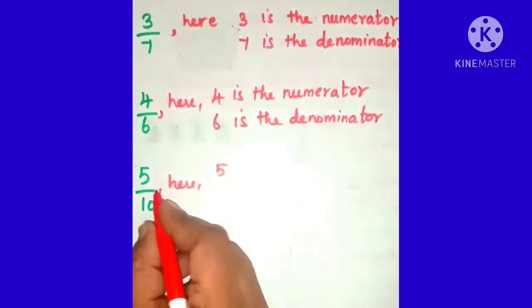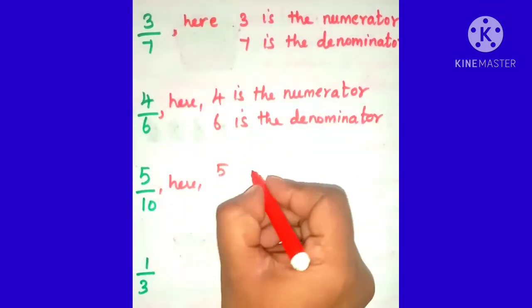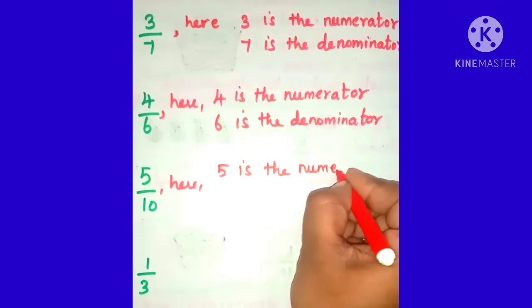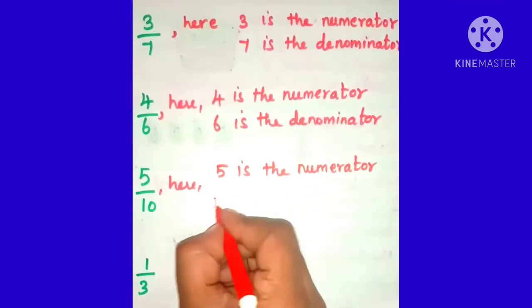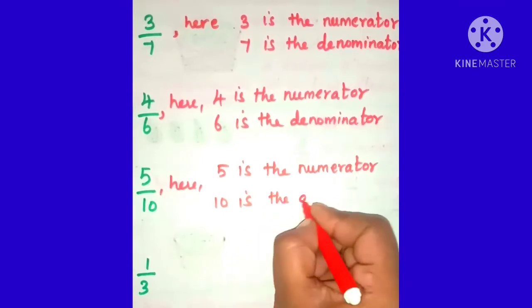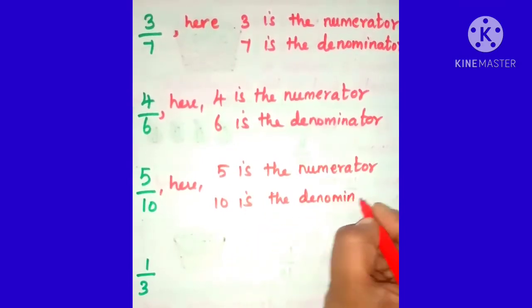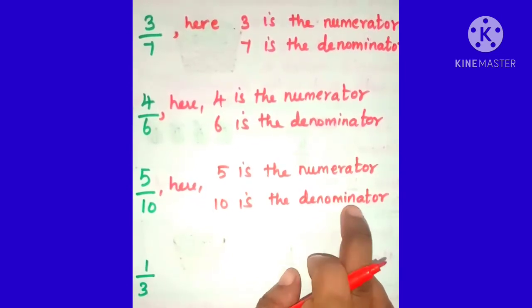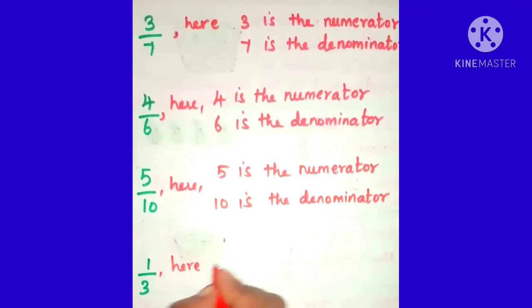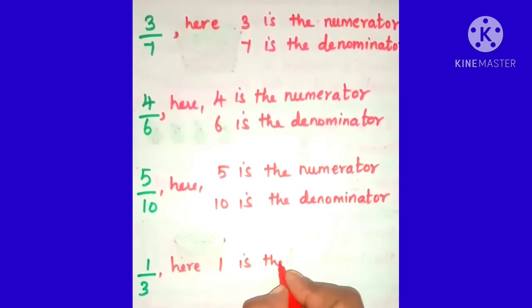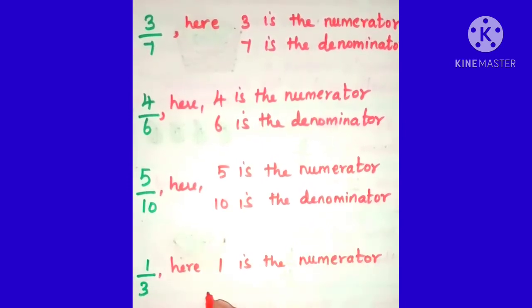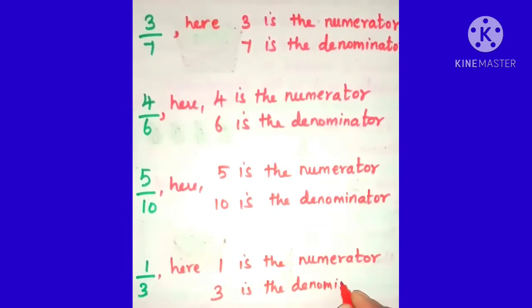Here 5, which is in the top, 5 is the numerator and 10 is the denominator, which represents the total whole. Here 1 is the numerator and 3 is the denominator.